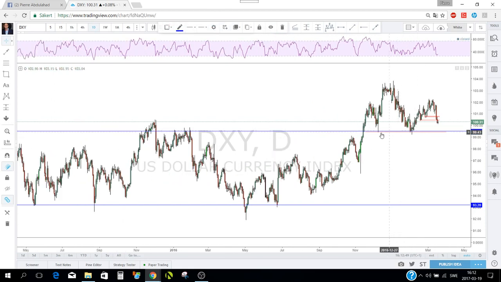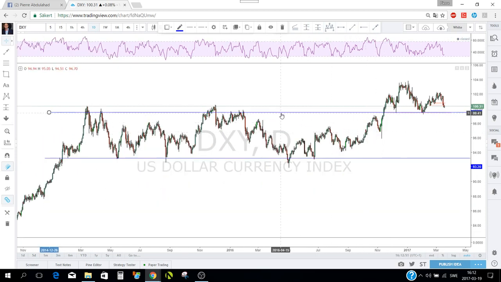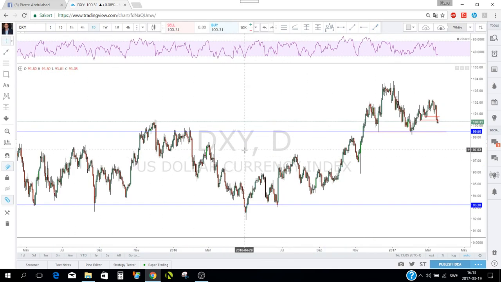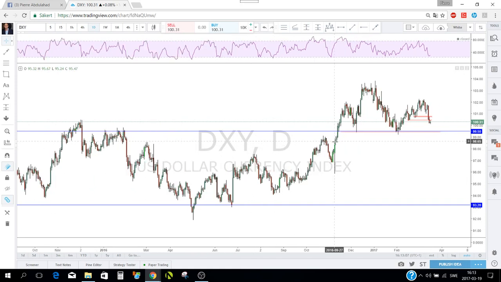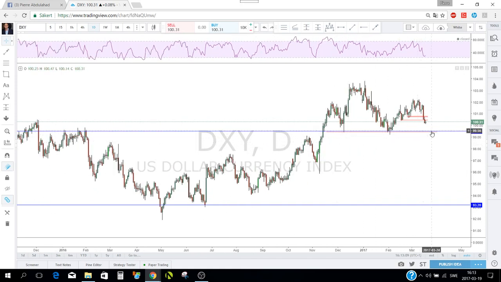As many of you know, it should act as support, because if it not, then we are back down to this range here, where this range is about 2-year long range, yeah. So keep your eyes on this level, because if this level get broken, then we have lots of room to the downside.